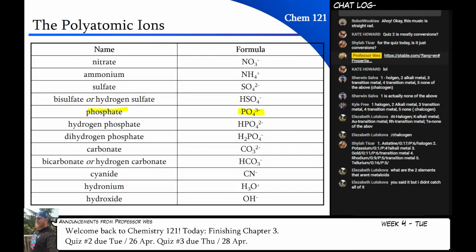So have the reference handy, or commit to it by using flashcards or just doing enough problems, and you'll eventually memorize these. You do need to know the name, but you also need to know the formula. The formula is both the elements and also the charge that is written. Notice that all of them are negative except for ammonium, which is the only positive one there.